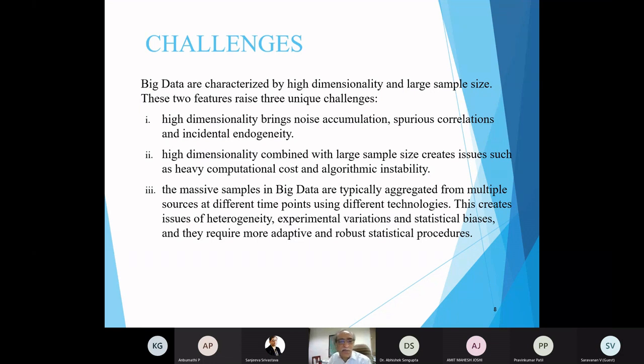All right. Then also, the massive samples in big data are typically aggregated from multiple sources at different time points using different technologies, and this creates issues of heterogeneity, experimental variations, statistical biases, and they require more adaptive and robust statistical procedures. So that data may come from various hospitals. Let's say consider Mumbai.